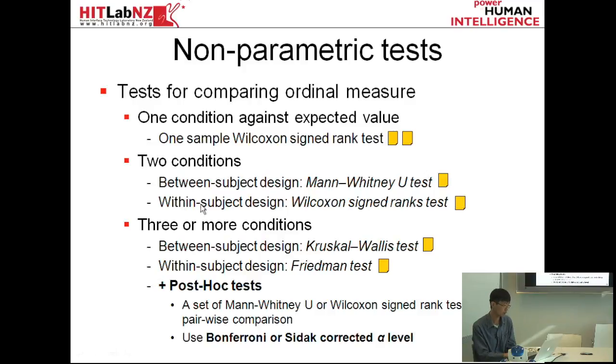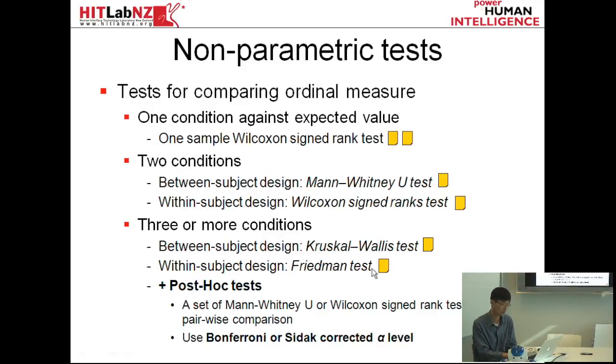And if you have three or more conditions, then again there are the Kruskal-Wallis test and the Friedman test that you can do depending on between-subject or within-subject design. If you recall the previous slide on parametric tests, these two tests are equivalent to the t-test in the parametric case, and these two tests are equivalent to the ANOVA.